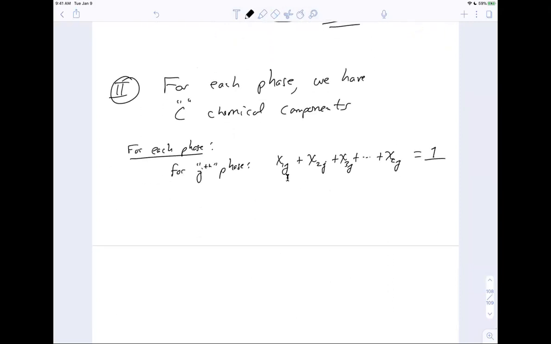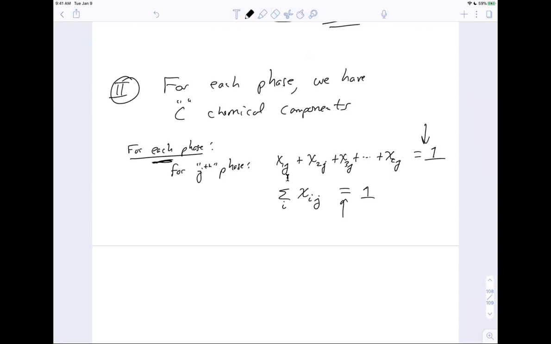We can write this then, and we already see here that there's one equal sign. So for all species I in phase J, the sum of X sub I in phase J is going to equal 1. And you see here again, one equal sign for each phase. That means we have one equal sign for each phase that arises from the mole fractions summing up to 1.